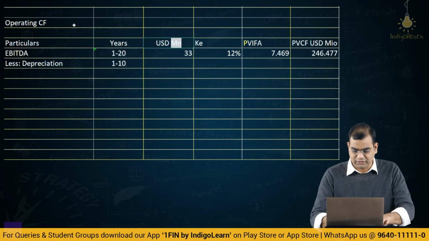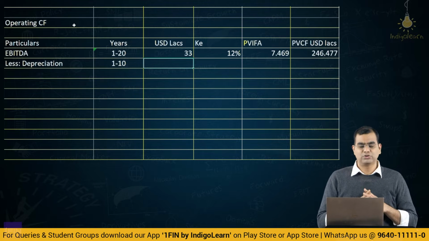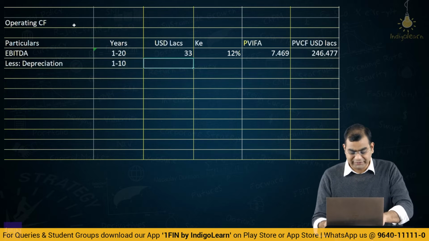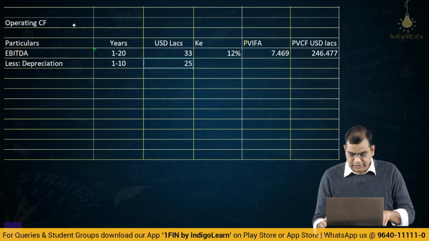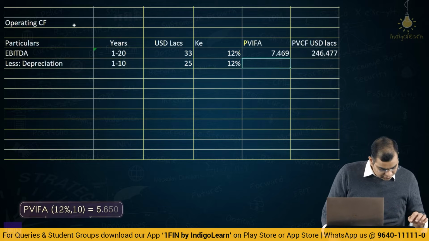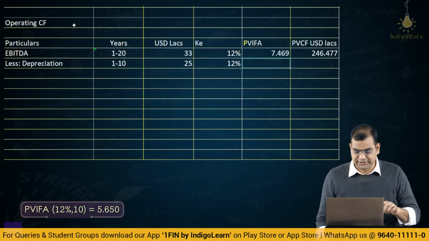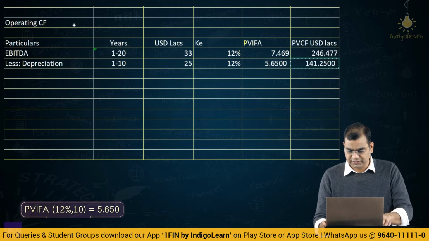The cost of equipment is 250 lakhs, depreciated over 10 years, so every year the depreciation is 25 lakhs. That also you will discount at the same cost of equity, and the present value interest factor for 10 years at 12% is 5.650. So, the present value of the entire depreciation is 141.25.